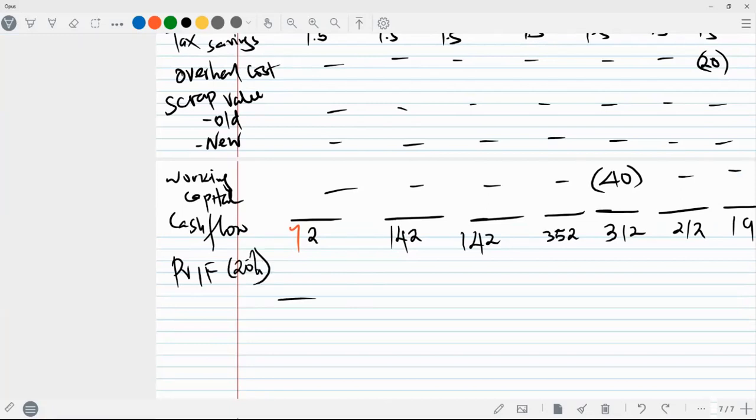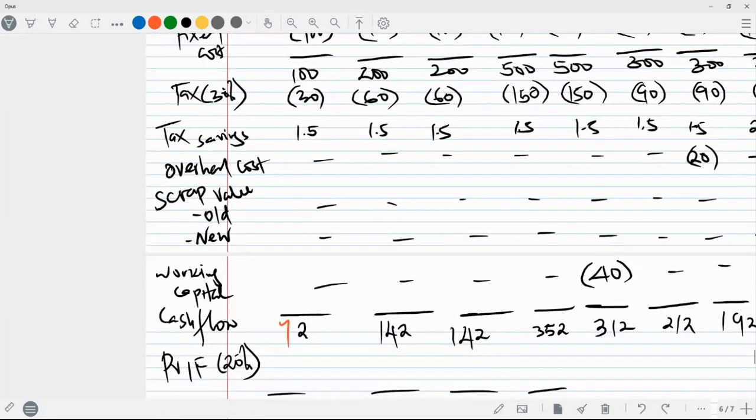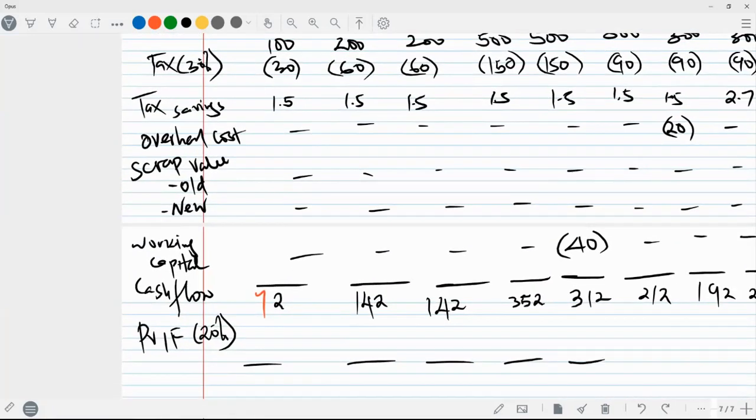Okay, so you have the factor from the table. Now year 6 to 9. Don't forget it's every year: year 6, year 7, year 8, and year 9. The easiest way is simply to add the discount factor from the table for each year.